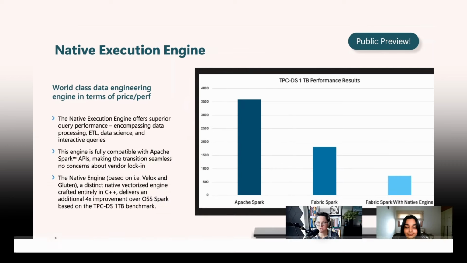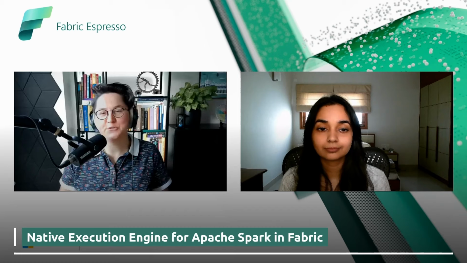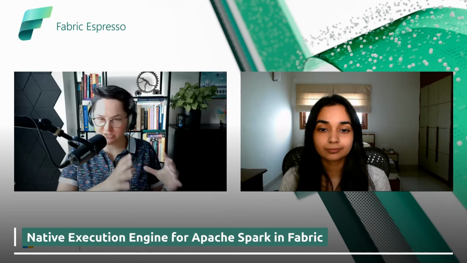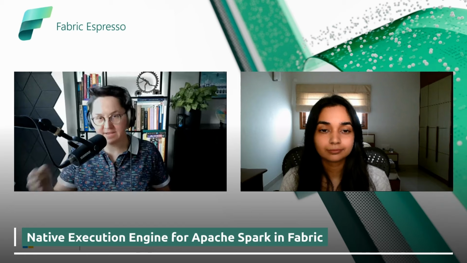That's great. So again, now we can jump to the next steps. The next steps means the milestones delivered for Native Execution Engine that is part of Fabric Spark. The Native Execution Engine works as of now with two data formats, Parquet and Delta.